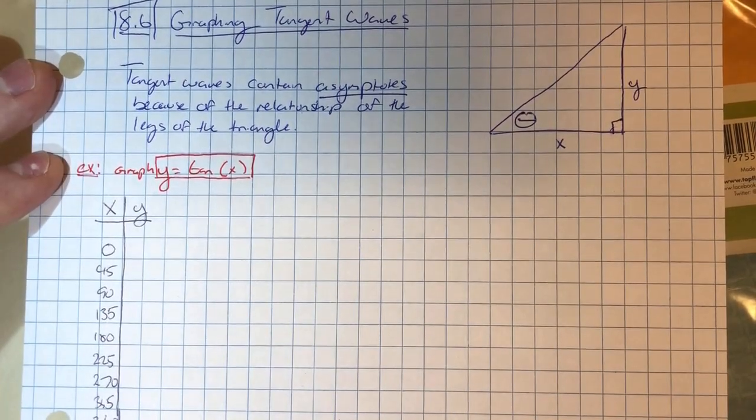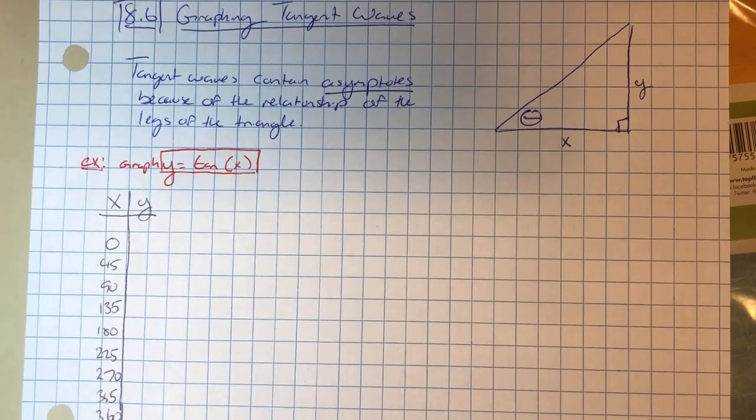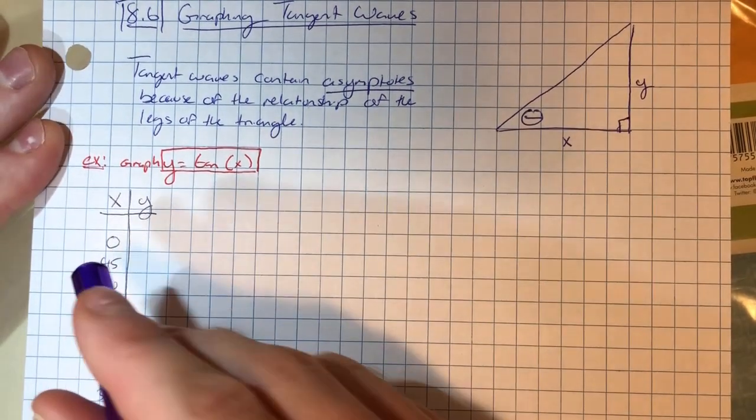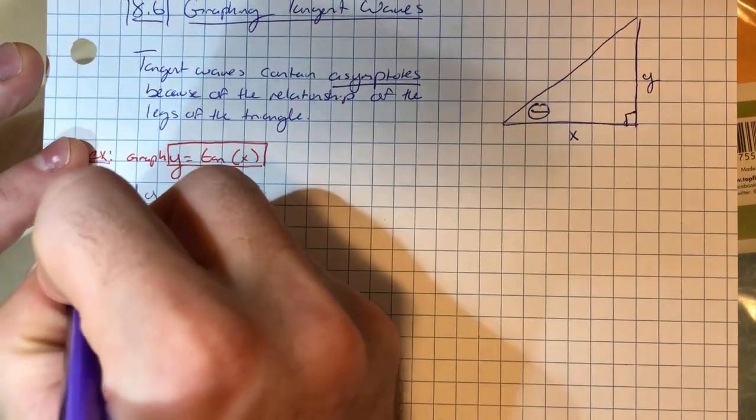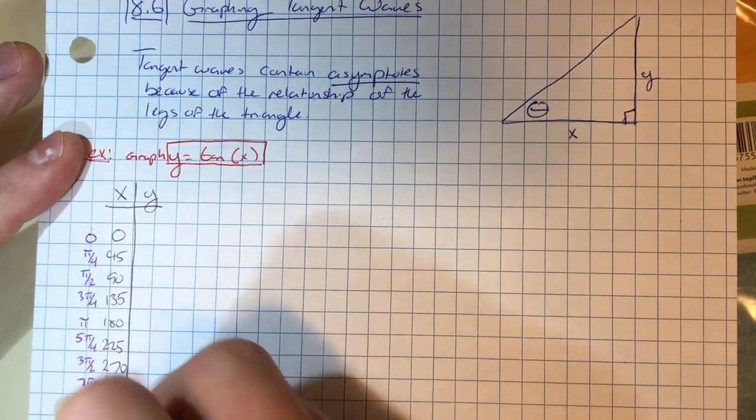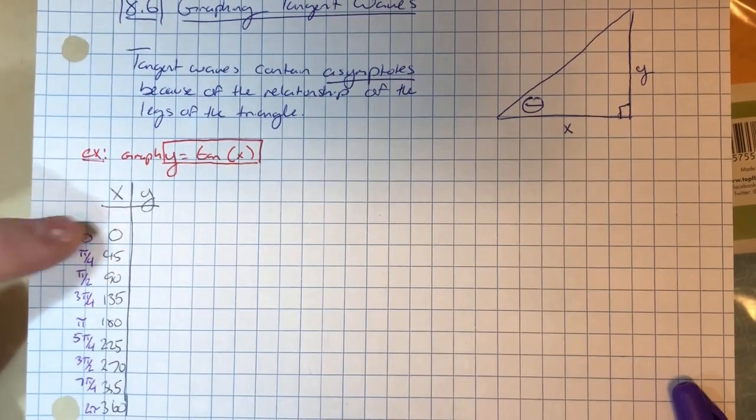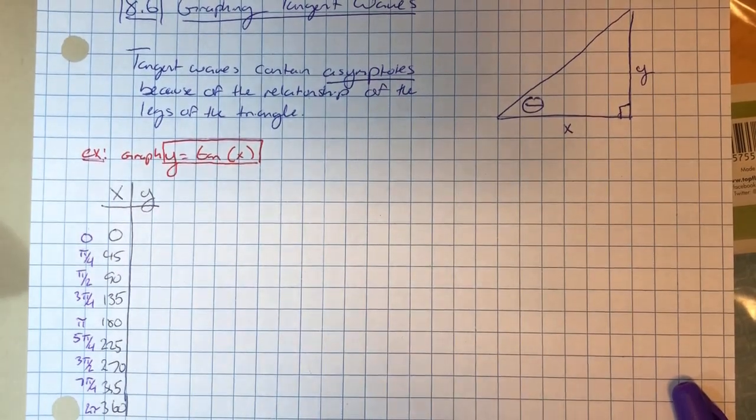And the other thing that we can do is if we don't like degrees, we can also list this in radians. So I'm going to put the comparable radians off to the side. Okay, so we have both degrees in black and we have radians in purple.